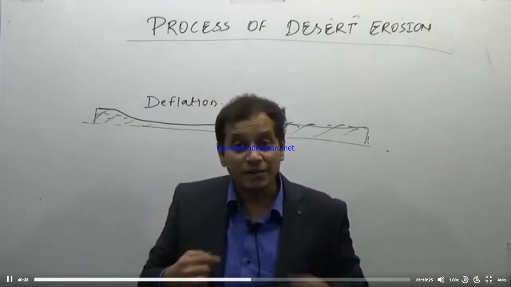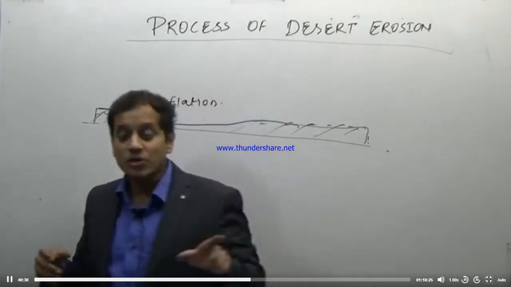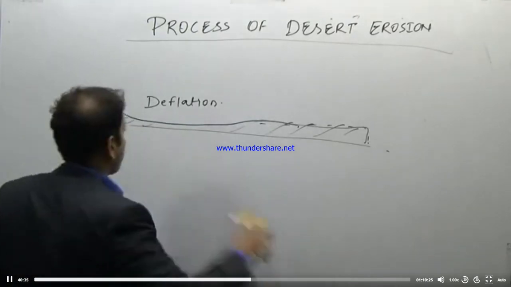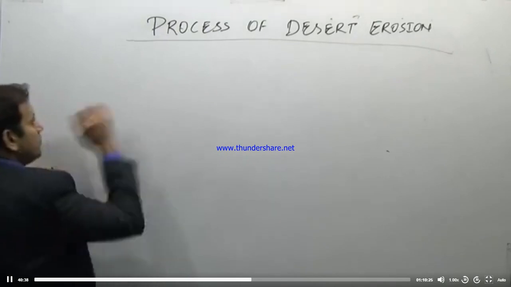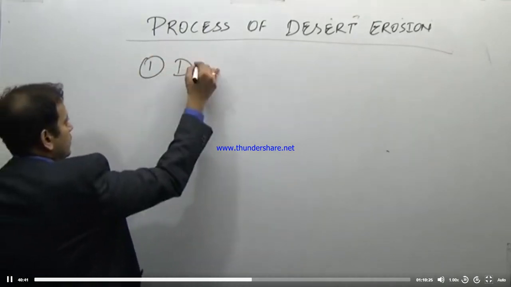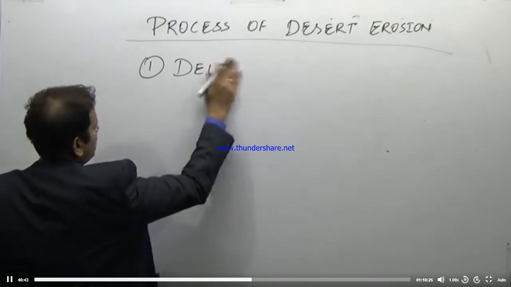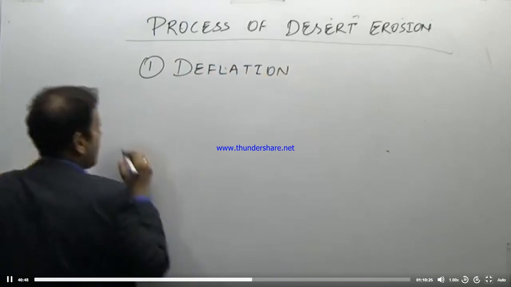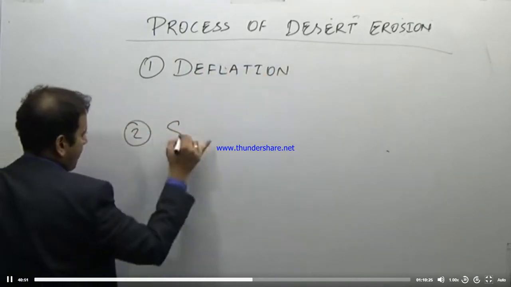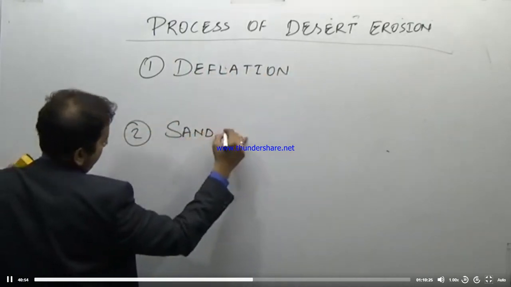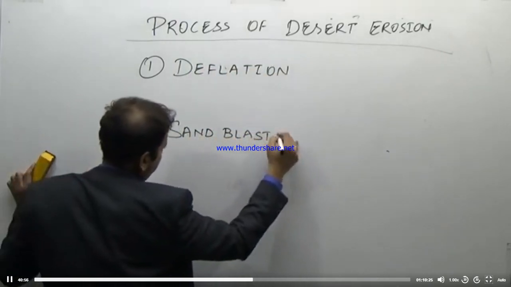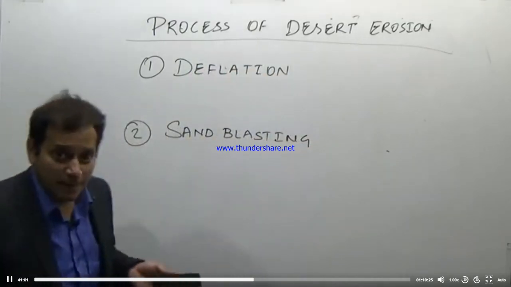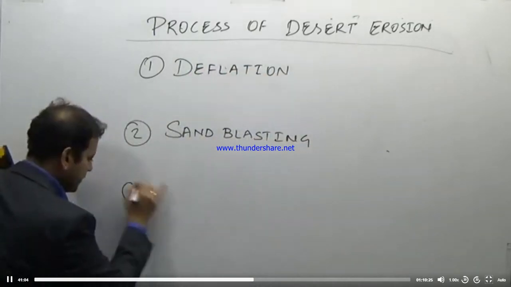Such an effect is known as the sand blasting effect. So the second process of desert erosion is sand blasting or abrasion. And the third process is attrition.